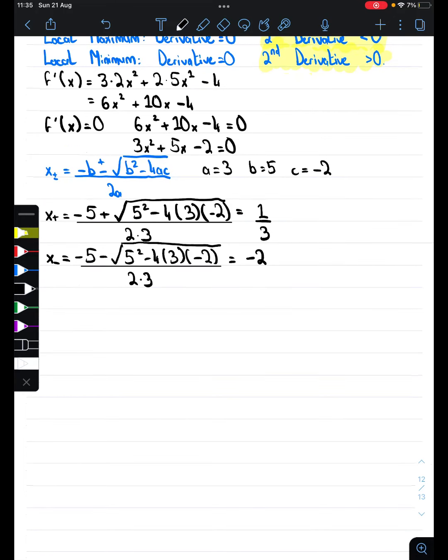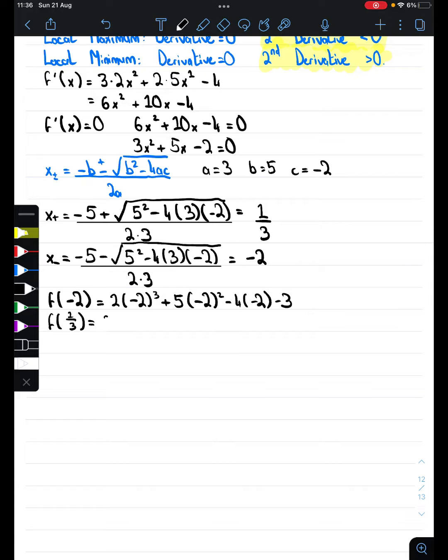So if we take f of minus 2, we get 2 by minus 2 cubed plus 5 by minus 2 squared minus 4 by minus 2 minus 3, and f of 1/3 equals 2 by 1/3 cubed plus 5 by 1/3 squared minus 4 by 1/3 minus 3 equals, 9 and minus 28 over 27.